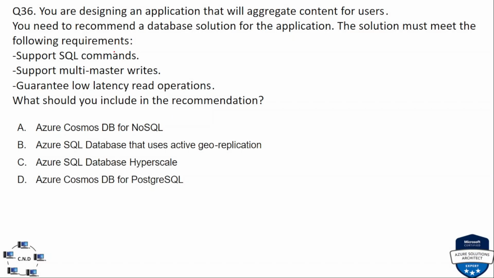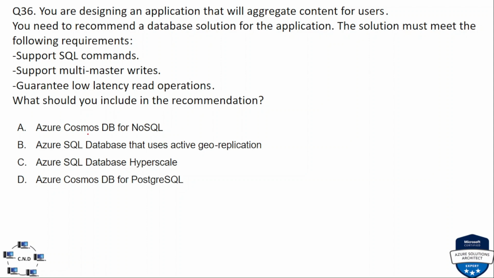Question number 36 is that you are designing an application that will aggregate content for users. You need to recommend a database solution for the application. The solution must meet the following requirements: support SQL commands, support multi-master writes, and guarantee low latency read operations. What should you include in the recommendations?